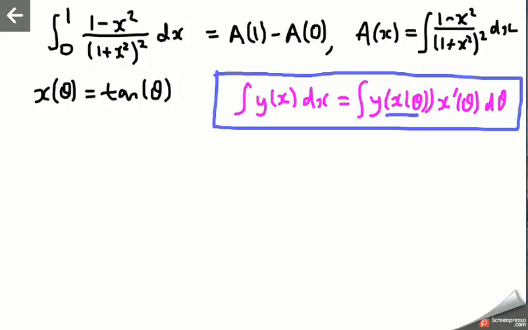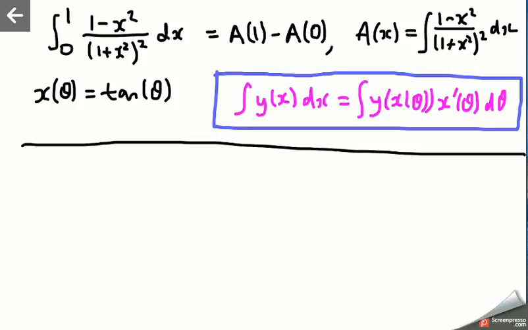And so if we really want it to be equal to the antiderivative of y of x dx, we should multiply by x prime of theta before we can put that d theta on the end there. So don't forget to multiply by x prime of theta. It's very important, otherwise we're not using the theorem correctly. Okay, let's get started.